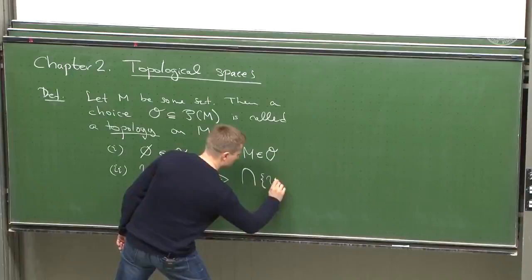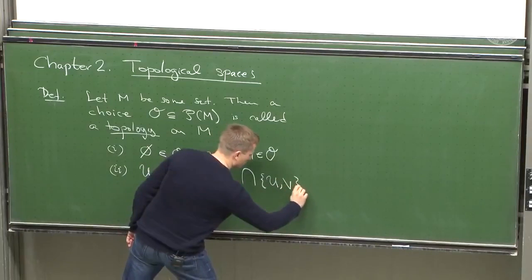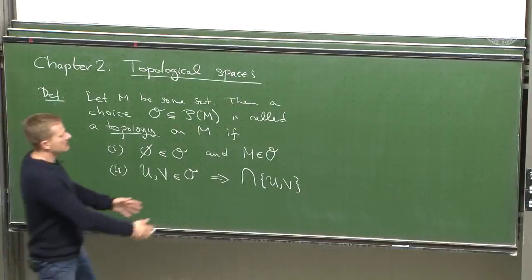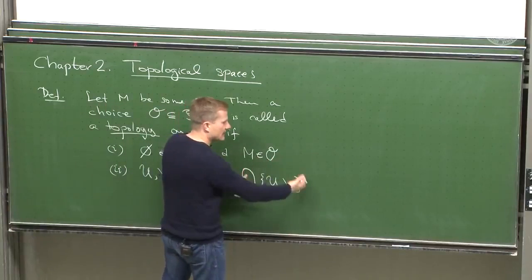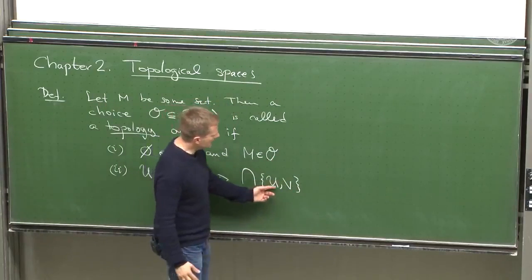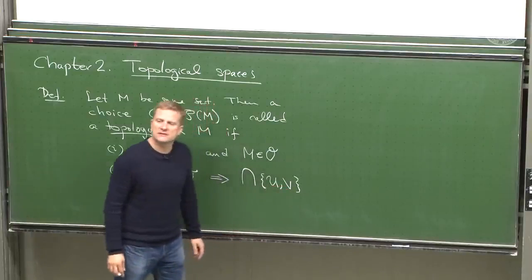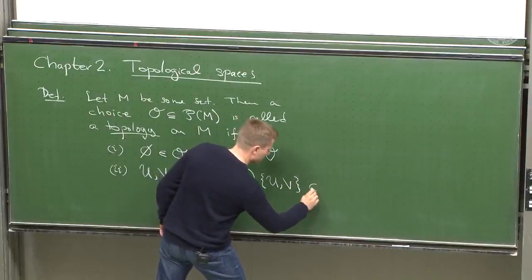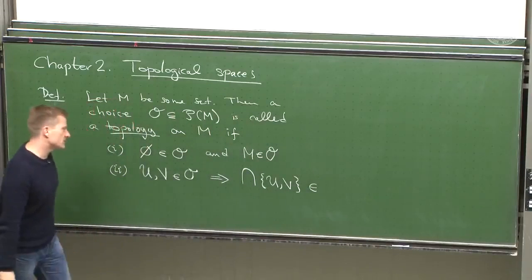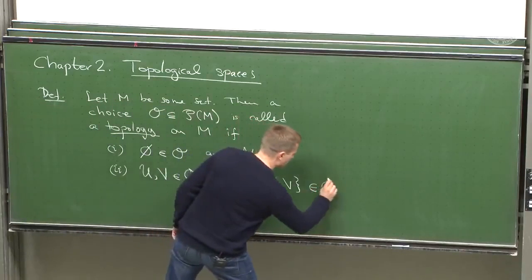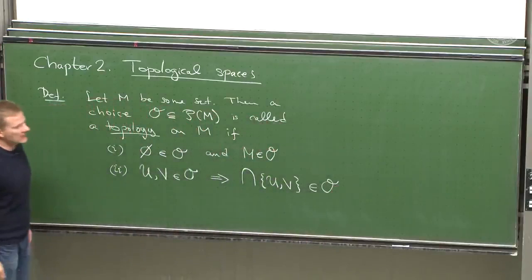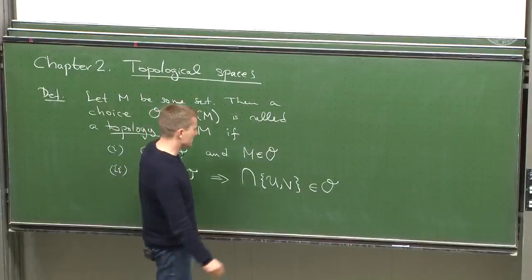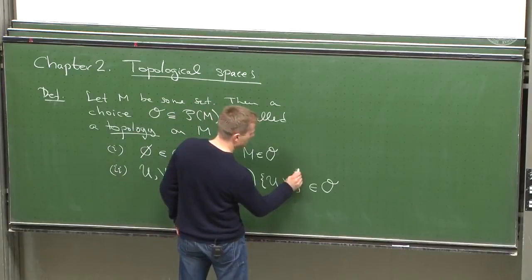The intersection of these two sets is then required to be also part of your choice. You cannot choose U and V, but not their intersection. You have to choose that too.